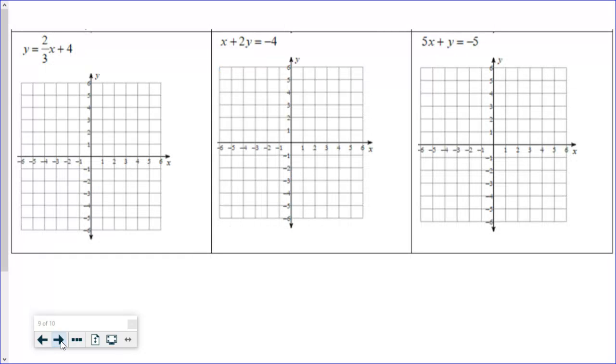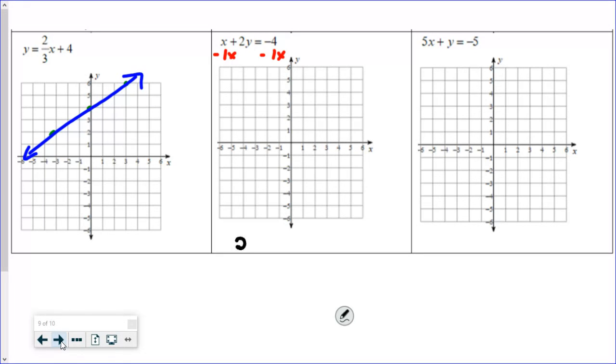Okay, last few. So we're going to start at up 4, and then we're going to rise 2, run 3. Again, I could go the other way if I wanted. Okay? And this one, just be careful. You would have to get rid of the 1x first. And I'm going to skip down here to it.